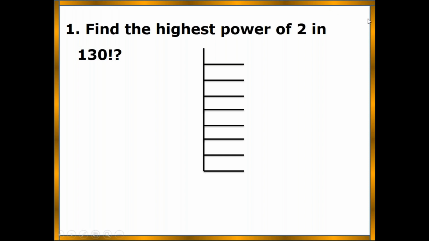So 2 is the divisor and 130 is the number. 2 65s are 130. Again, 2 32s are 64. The remainder is 1. Ignore that. 2 16s are 32, 2 8s are 16, 2 4s are 8, 2 2s are 4, 2 1s are 2.